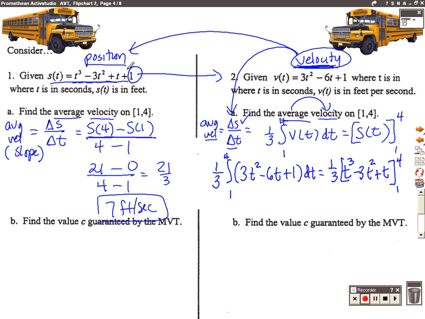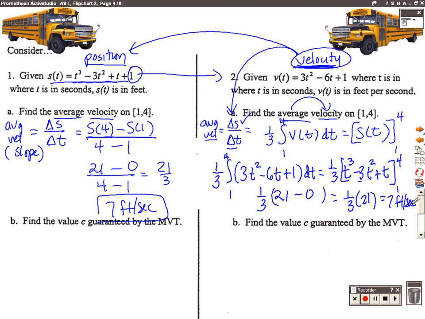Remember, that's the value of c, and it really doesn't matter because when we evaluate this, even if I had a plus 1 in there, it would subtract out when I find f of 4 minus f of 1. Now, if you do the arithmetic, you will get 21 minus 0 times 1/3, which is 1/3 of 21, which is 7 feet per second.